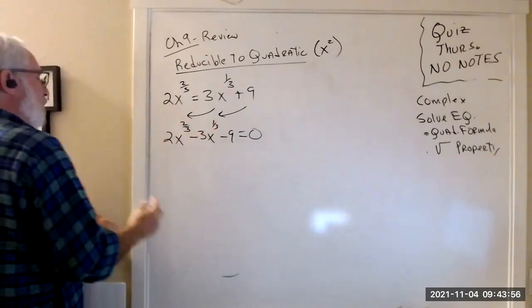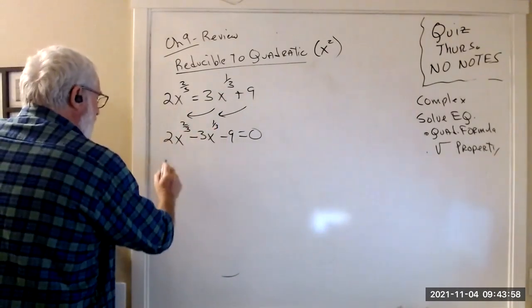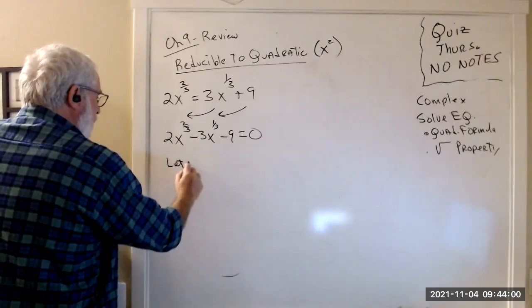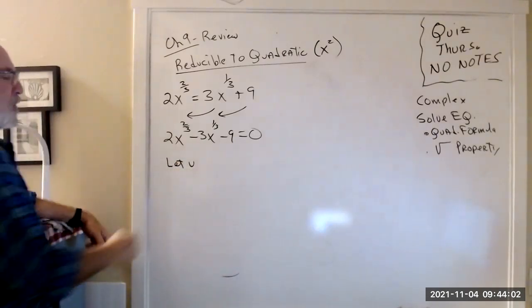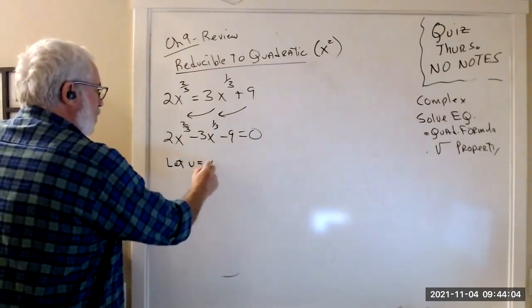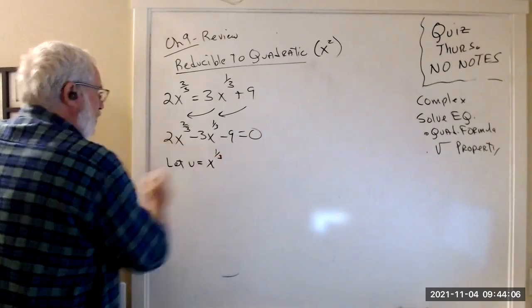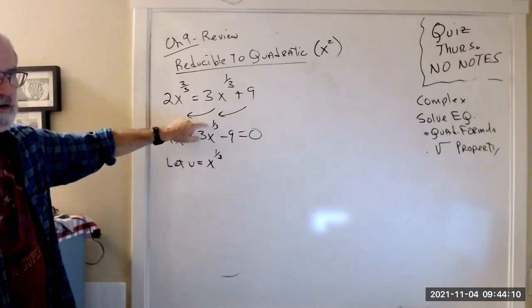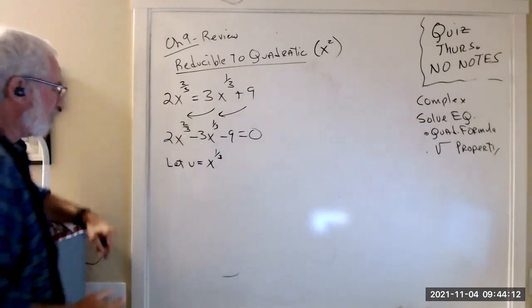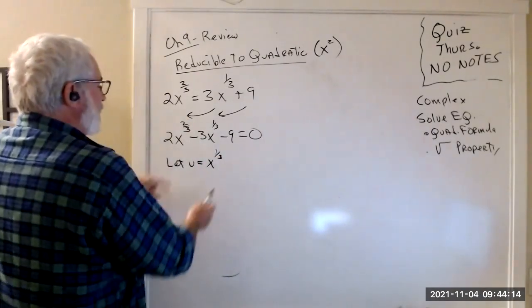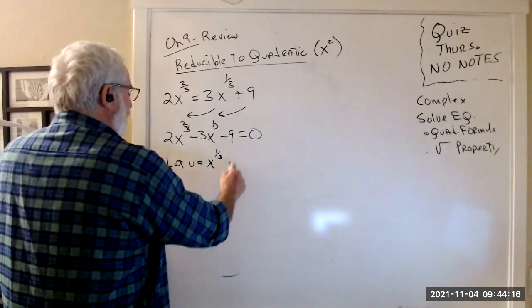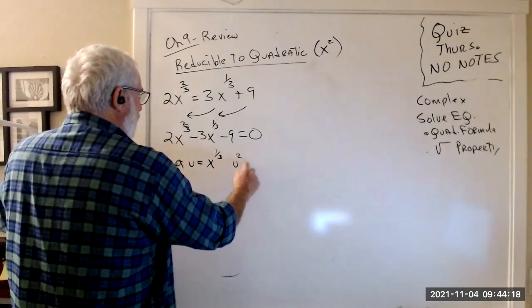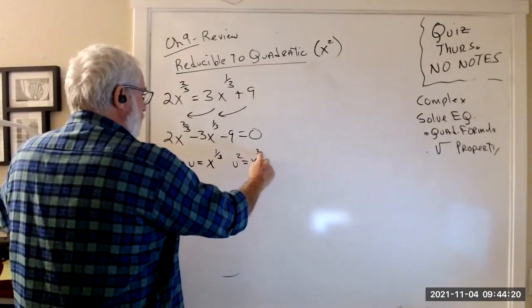Now, what we did is we made up a variable. We said let u, and you can use any letter you want, equal x to the 1/3, the lowest power, x to the 1/3, okay? And that implies if you squared both sides, that also means that u squared is going to be x to the 2/3.